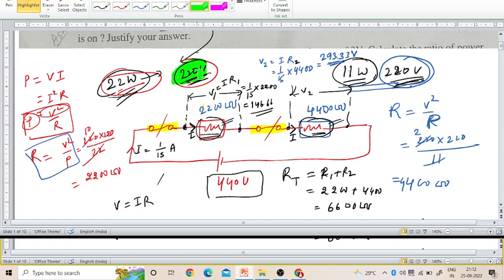Its voltage rating is 220, meaning the maximum voltage it can tolerate is 220, and we are giving it only 146, so certainly it will not fuse. This fuse will survive, but the other fuse will burn. So this is the logic: this is 293, this is 146. I hope you got it. Now let me solve the next question.